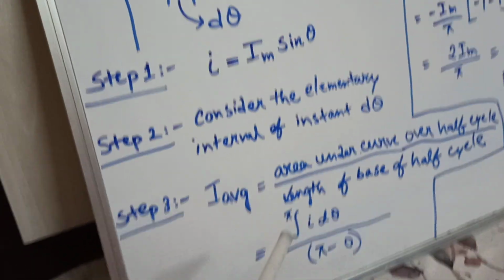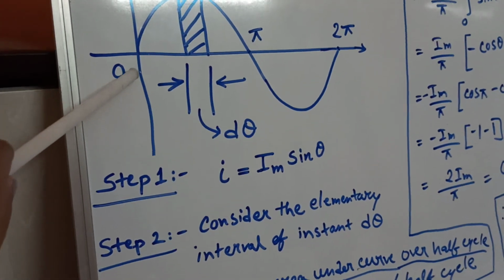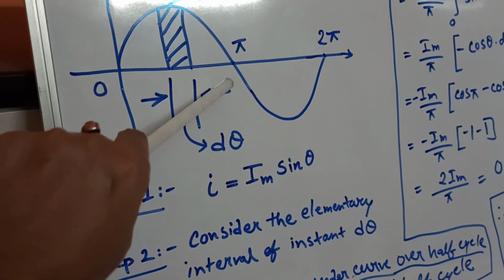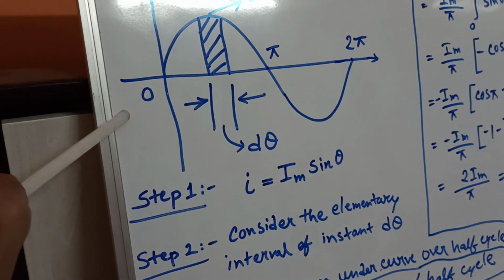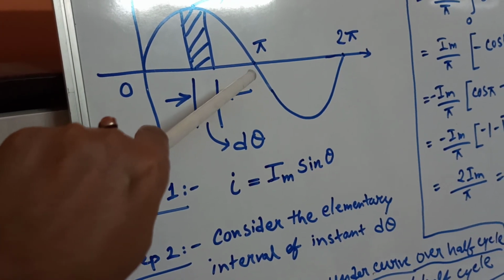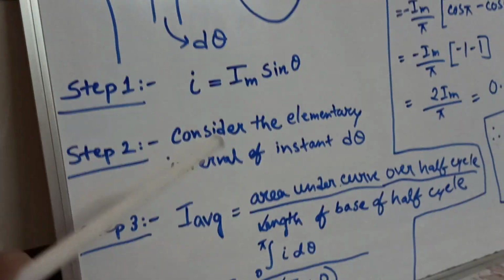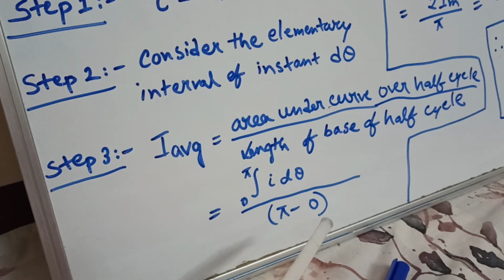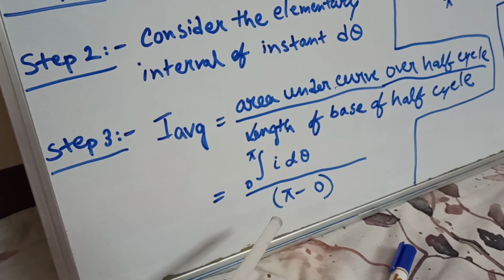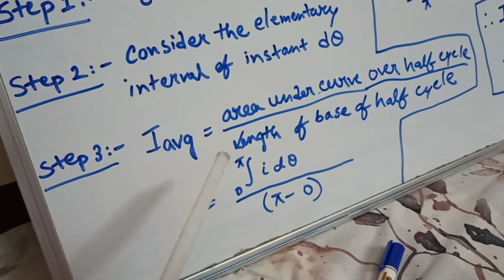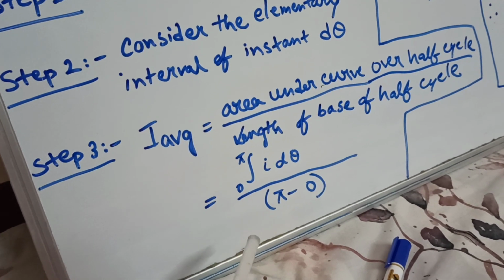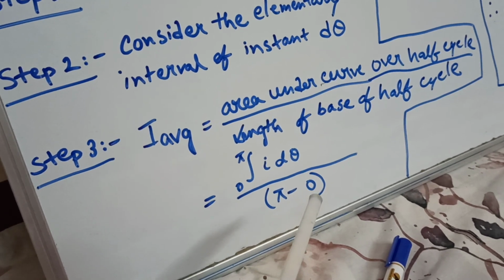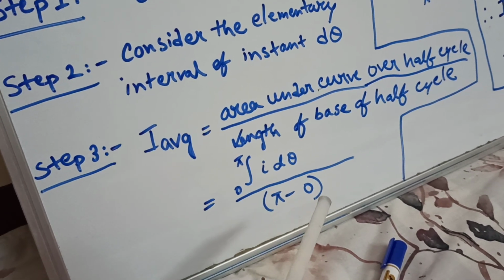Since I have taken only the positive half, 0 to pi, where 0 is the initial value and pi is the final value, I have taken the difference pi minus 0. Always, when taking the length of base of half cycle, we consider final value minus initial value. That's why pi minus 0.